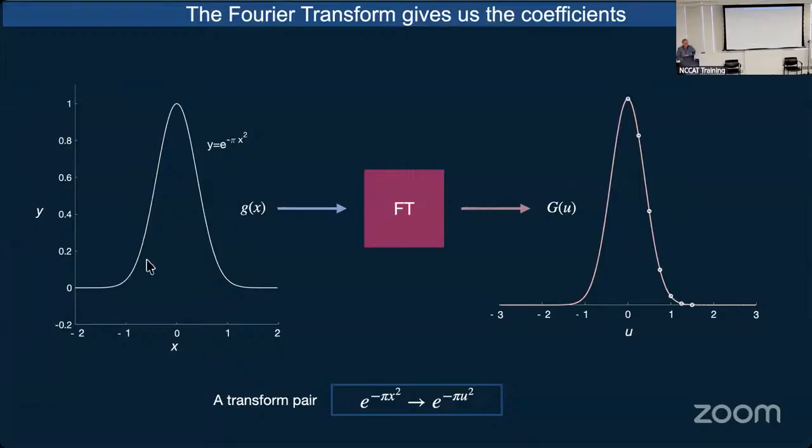So I can say compute the values of some function, and I'll call this g of x, a function of x, and I put it through this algorithm, the Fourier transform, and out comes a function of u, and then what I used as those amplitudes is just points plucked off of that curve. And that shows me then how to reconstruct the original information. And so that says you give me a function, and we pass it through the Fourier transform, out comes another function, and this contains the same information.